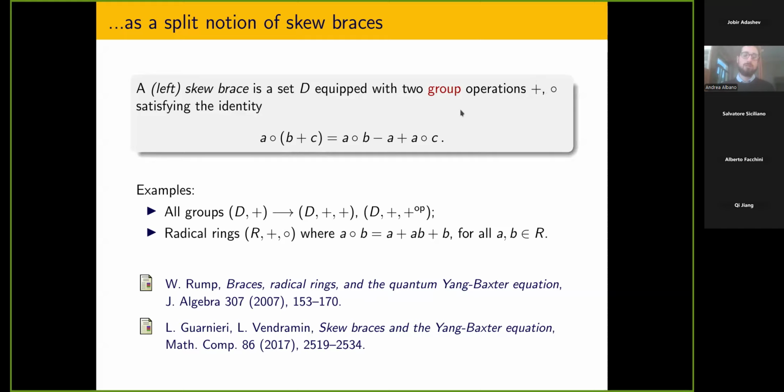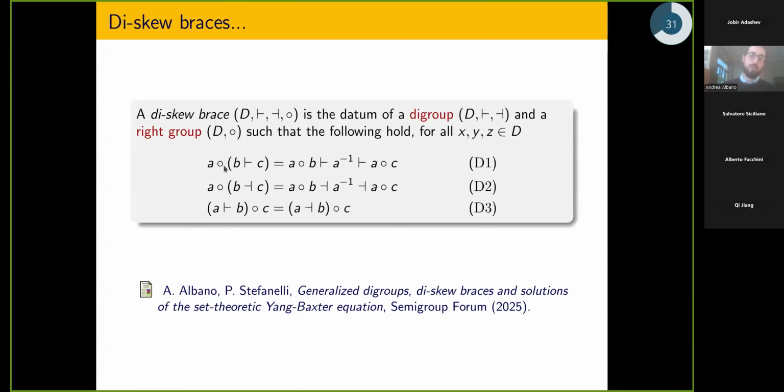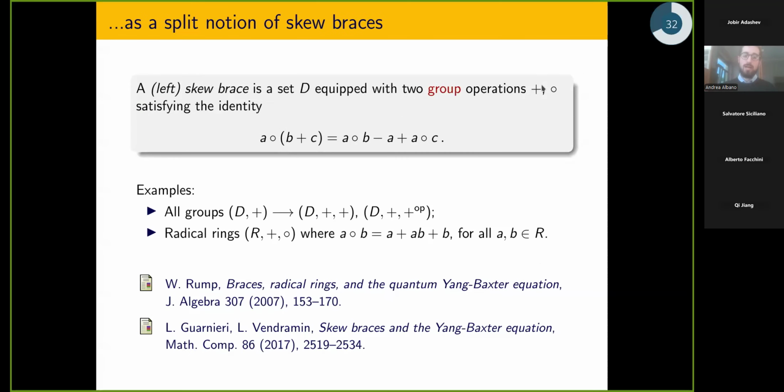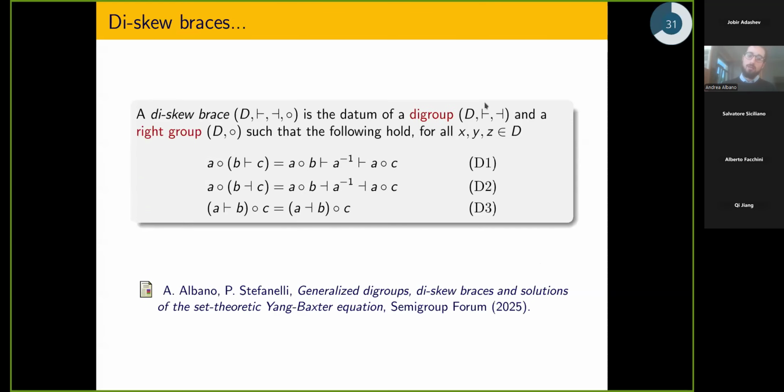Here we are not assuming that the plus operation is commutative. And as in the case of di-skew braces, I'm sorry if I have not mentioned this, we are assuming precedence of the circle operation over the additive ones, where additive here for a skew brace means just the plus operation, while on the di-skew brace side means just the digroup operations.